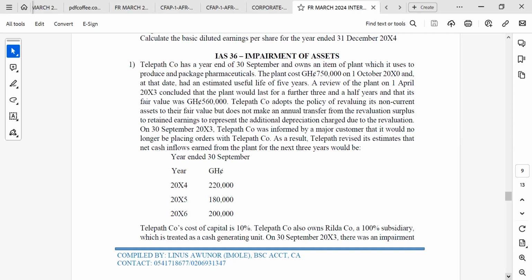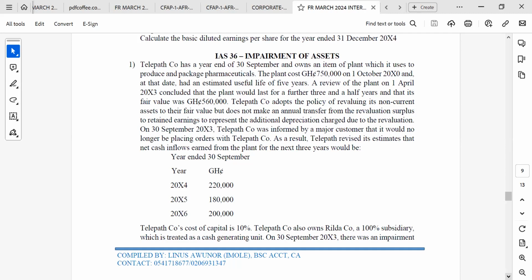As a result, Telepath revised its estimates that net cash inflows earned from the plant for the next 3 years will be, for the year ended 30th September 20X4, 220,000, 20X5, 180,000, 20X6, 200,000. Telepath company's cost of capital is 10%.